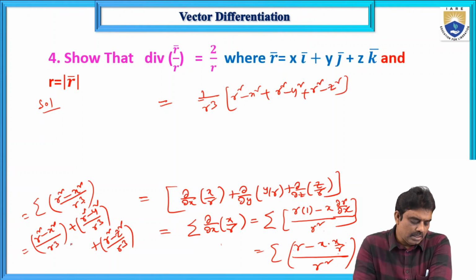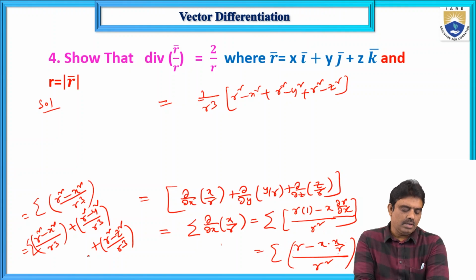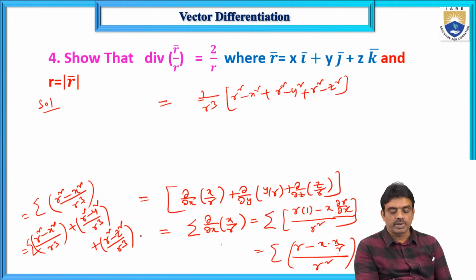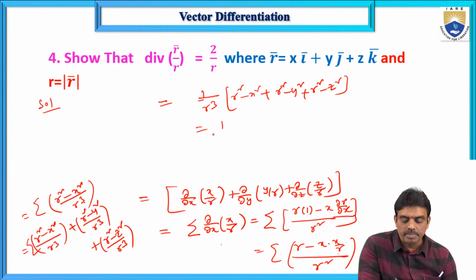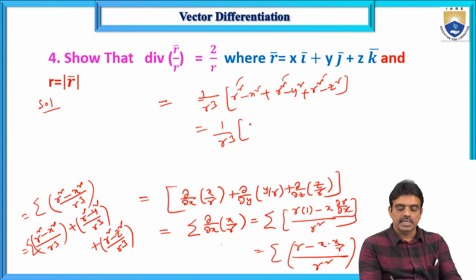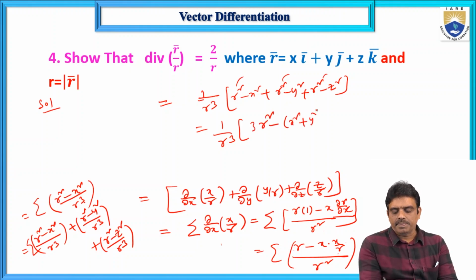Expanding the sigma for the three terms, that is 1 by r cube into (r square plus r square plus r square, that is 3r square, minus of x square plus y square plus z square).